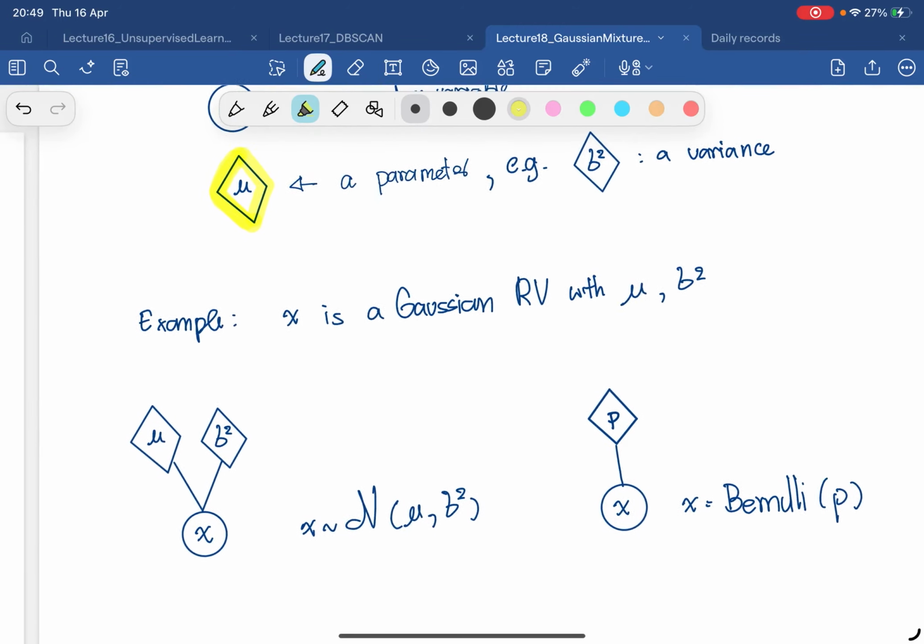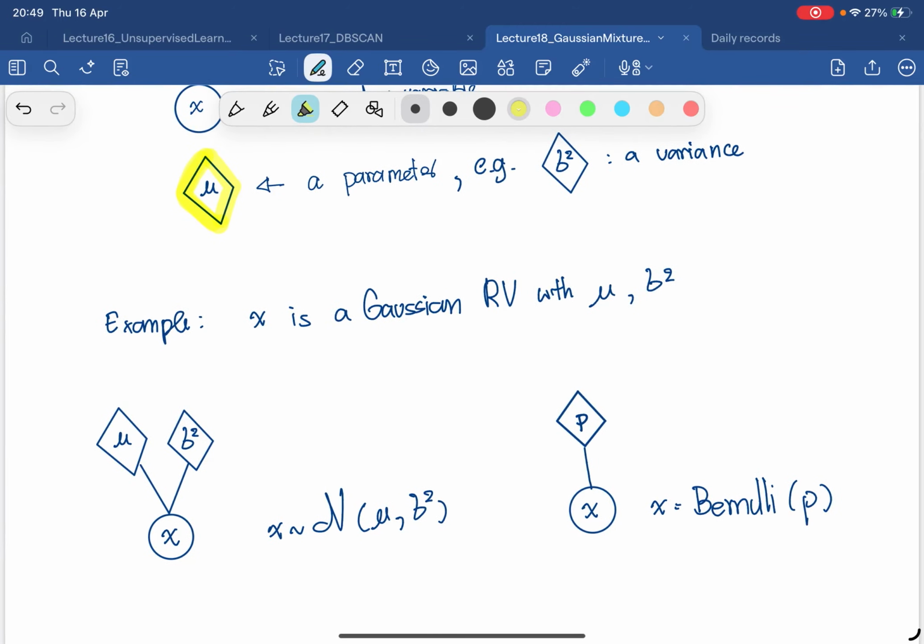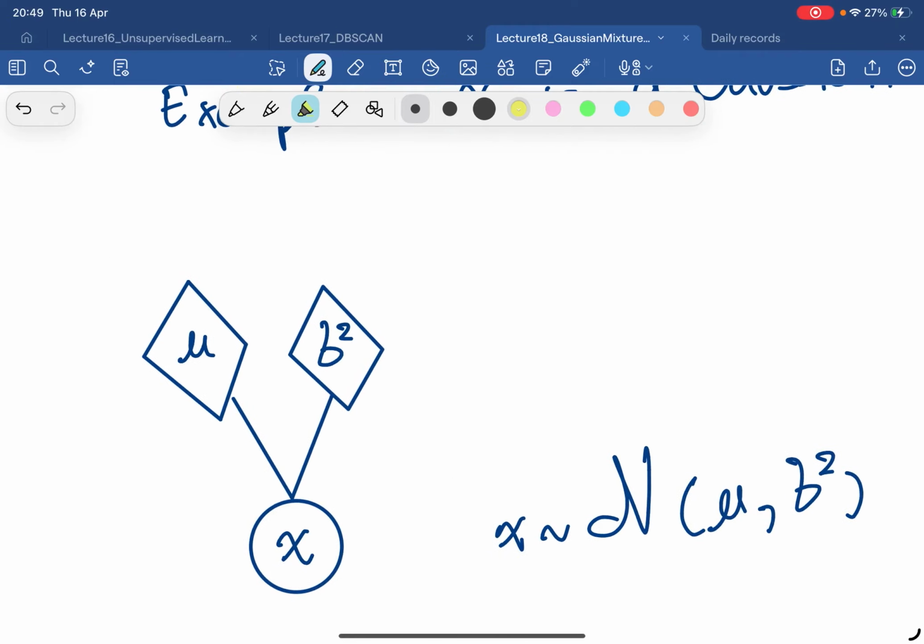And if we want to represent the model parameters of a Gaussian variable, okay, we have a Gaussian random variable x, right? And it has mu as the mean and sigma as the variance. Then we can use this representation where we draw a line toward x.